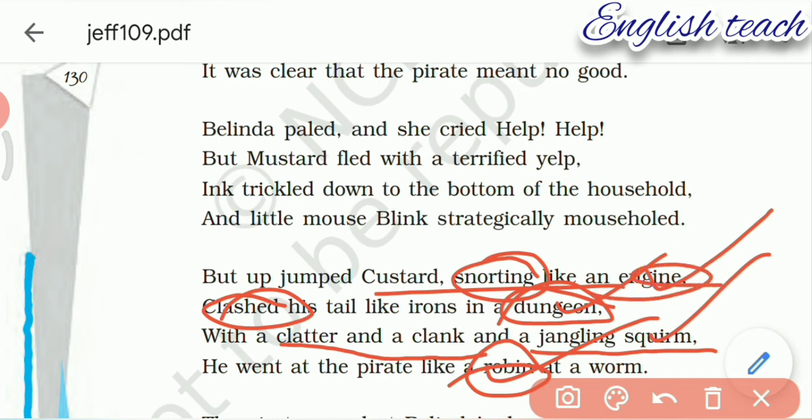Not only this, he hit his tail on the ground with such great force that it produced a heavy sound of metal being rubbed against each other in the underground prison. He attacked the pirate just like a robin bird that attacks the worm.